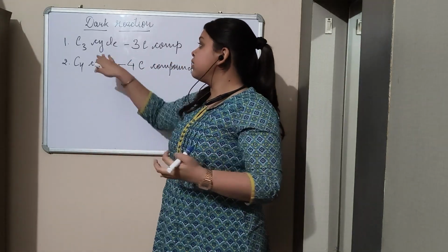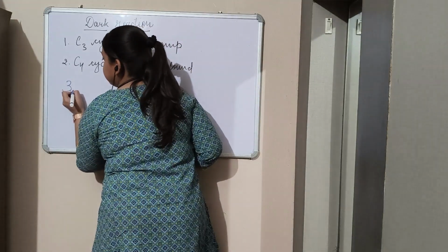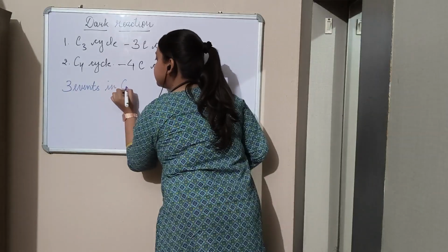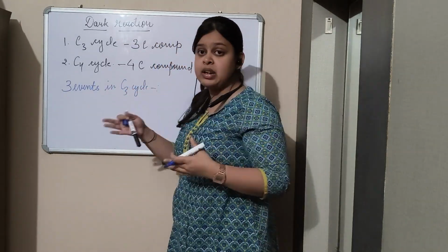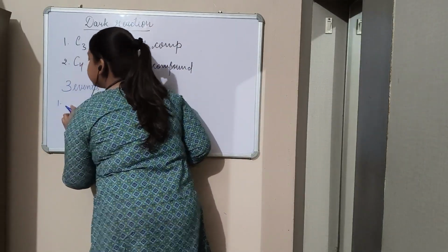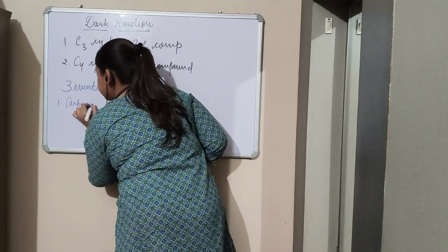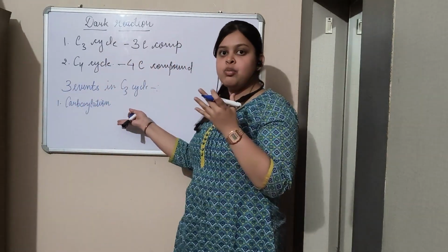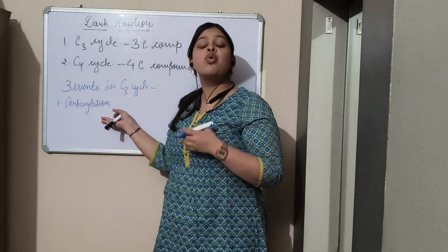So if you see the C3 cycle, there are 3 events that take place mainly. We will also discuss them during the cycle, but first, let us discuss over here. The first is carboxylation. In carboxylation, the CO2 is getting fixed. The CO2 molecule that is being accepted from the atmosphere is being fixed. Who fixes it?